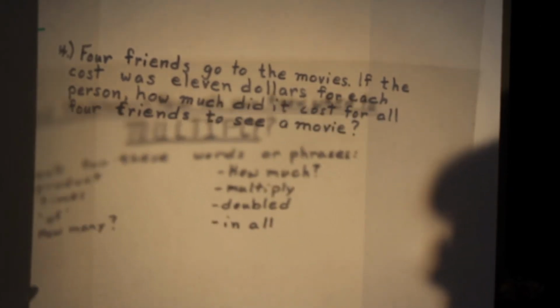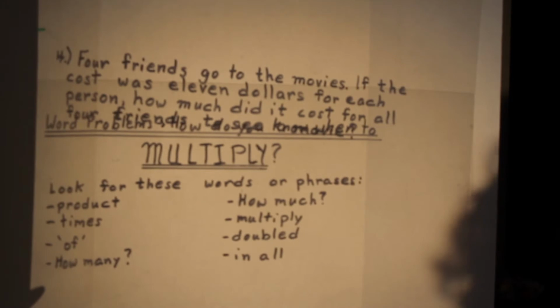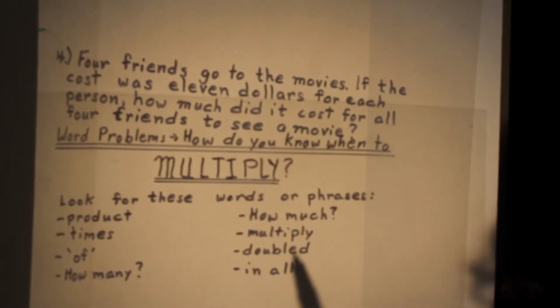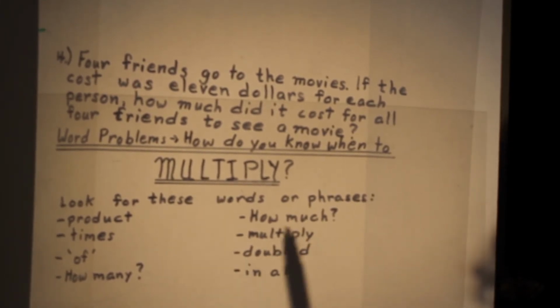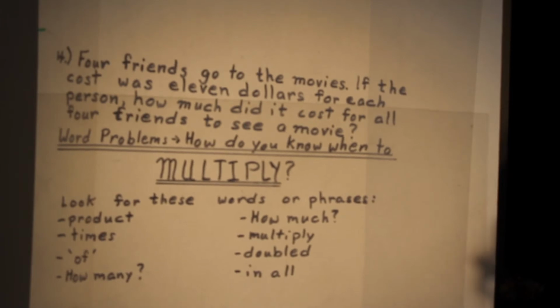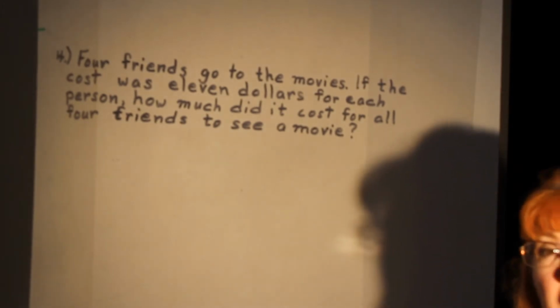We're going to take a look at some of the words. So, we've got how many or how much did it cost for all 4 friends? Not much to go on in this case.